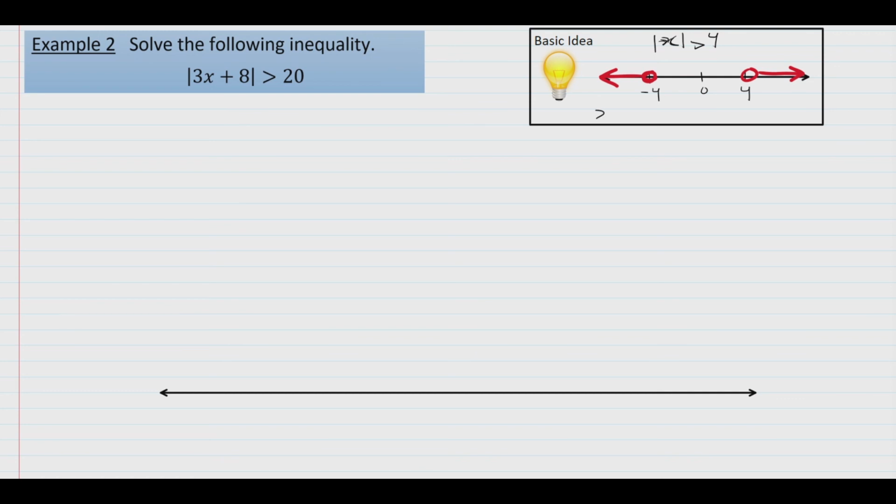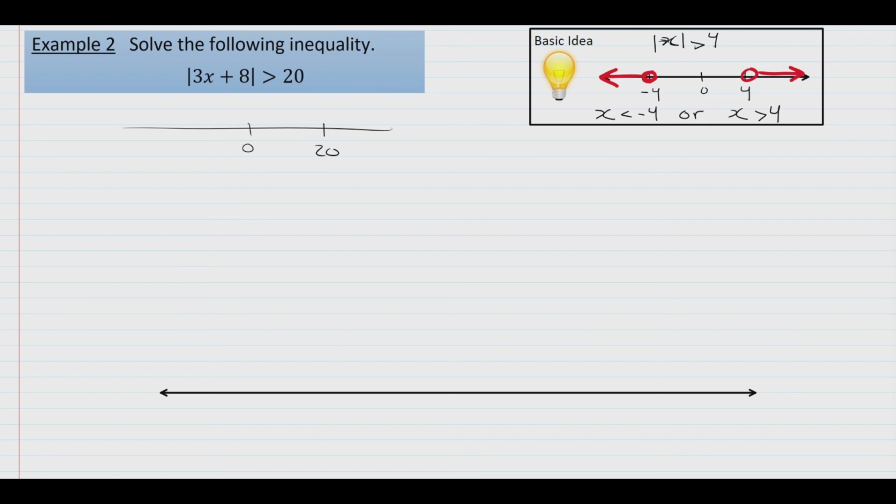So we could have x values that are less than negative 4, or we could have x values that are greater than 4, and both cases would be acceptable. So in our example here, we're talking about the absolute value of 3x plus 8 being greater than 20. That means 3x plus 8's distance from 0 has to be greater than 20. So quick number line sketch.